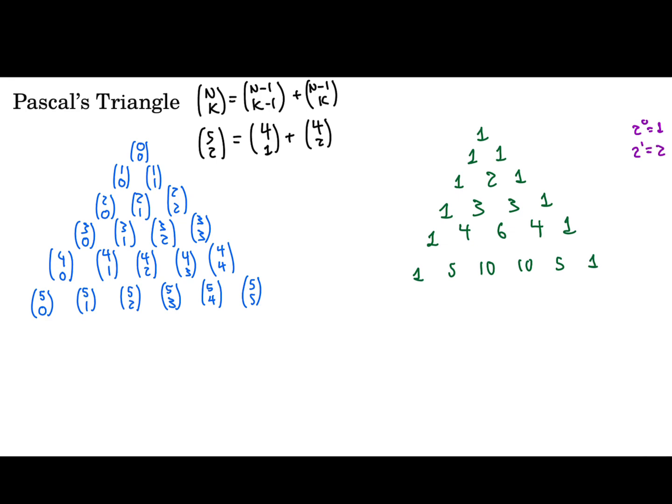Now 1 plus 2 plus 1 is going to be 4, which is 2 squared. 1 plus 3 plus 3 plus 1, so 3 plus 3 is 6, 7, 8, will be 8, which is 2 cubed. Then here it will be 1 plus 4 plus 6 plus 4 plus 1, so 6 plus 4 is 10, 14, 15, 16. So that will be 2 to the power of 4 equal to 16. And this one will be 1 plus 5 plus 10 plus 10 plus 5 plus 1. 5 and 5 is 10, you get 32. So 2 to the 5 equal to 32, and you can continue like that.